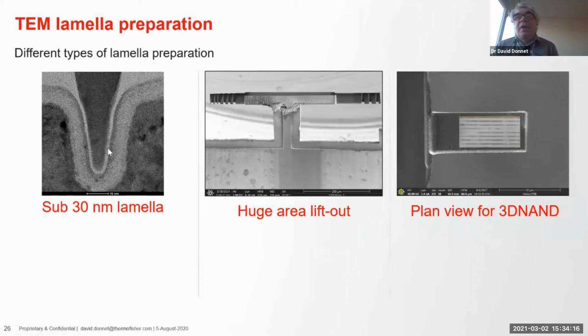Because if you think back to the graph that I showed earlier, in order to get a very small spot and in order to remove tiny amounts of material to get a very thin lamella, we need a very, very small beam current in the plasma FIB. So whereas you might finish a gallium FIB with maybe 100 picoamps, we need maybe to think about 20 picoamps, 15 picoamps with the plasma FIB.